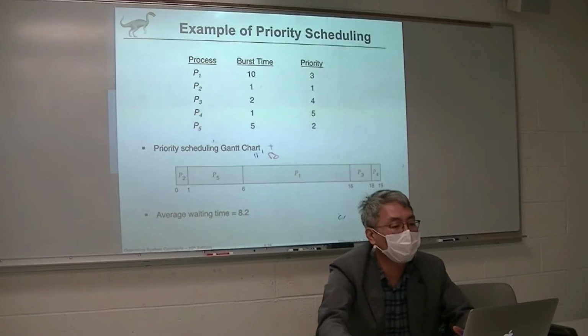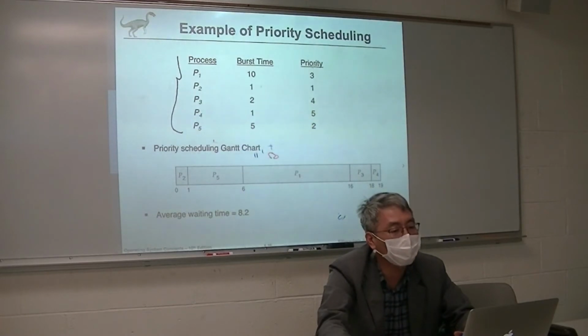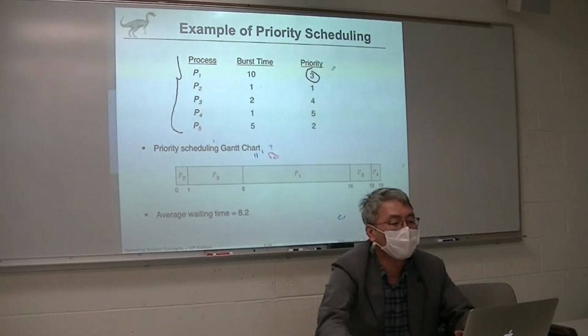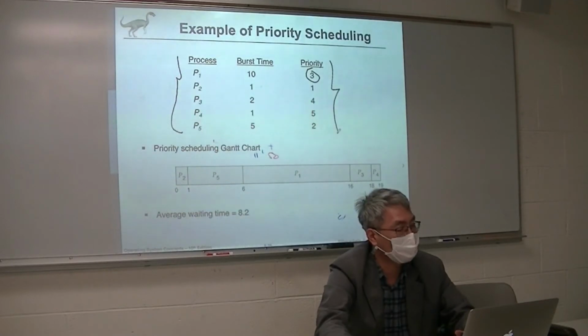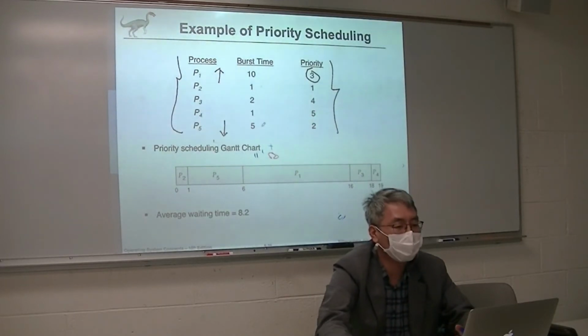We can consider this a process list. Then in the PCB, we are going to add the priority. So this is the current status of the ready queue. Okay? Then we have a CPU burst time, and this one is the arrival time. So this one came first, and the last one is the latest to come.